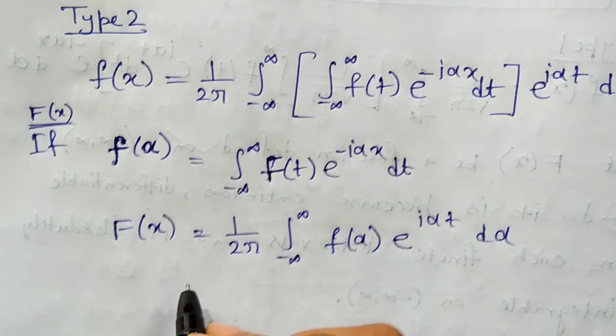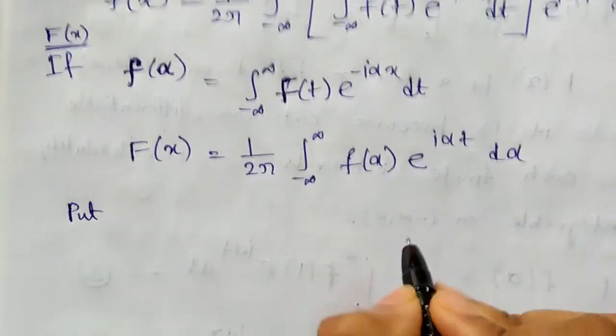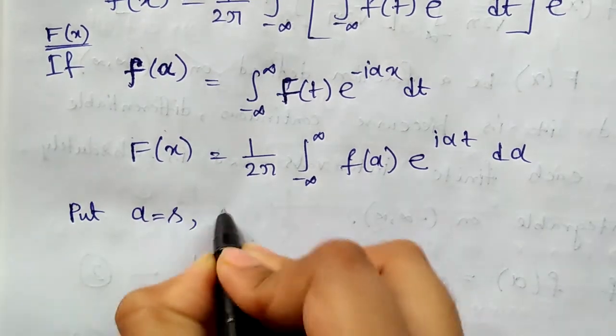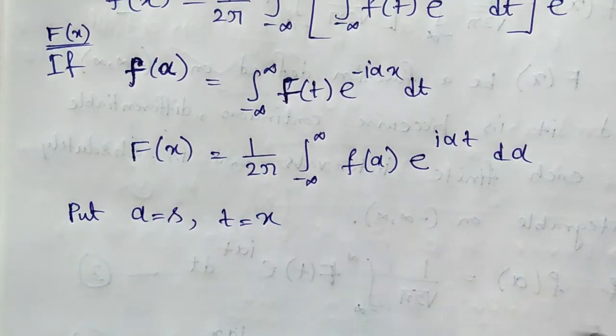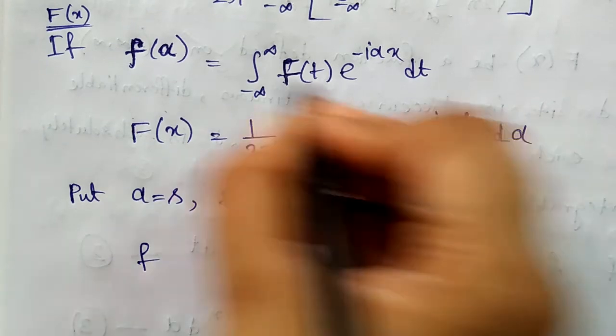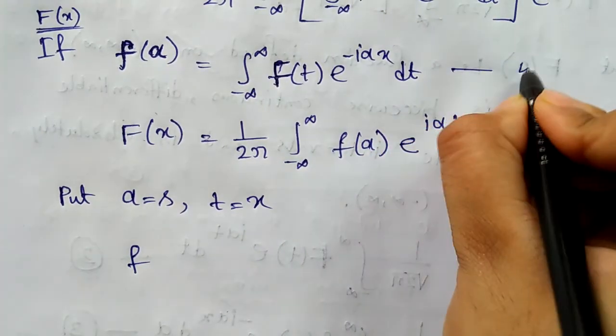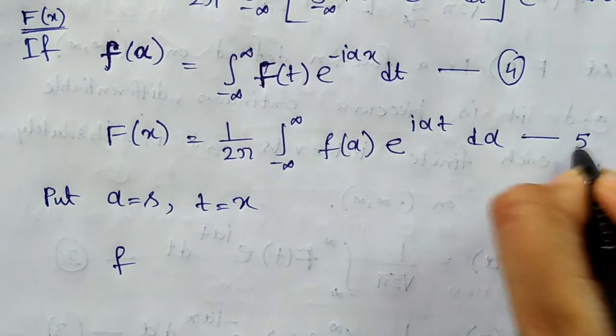So now put alpha equal to s and t equal to x. Suppose this is 4 and this is 5.